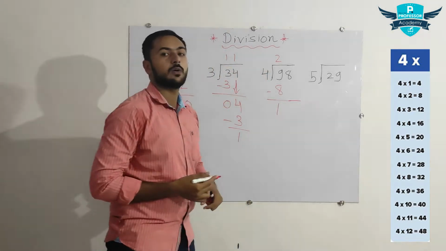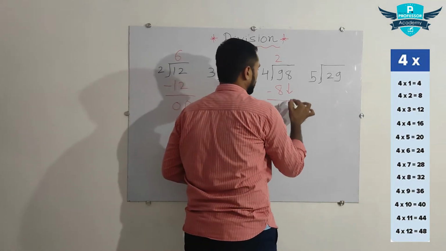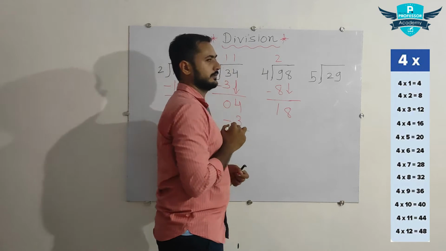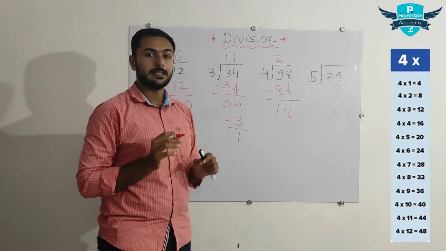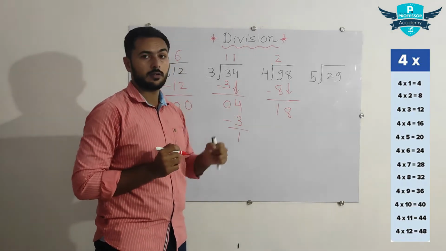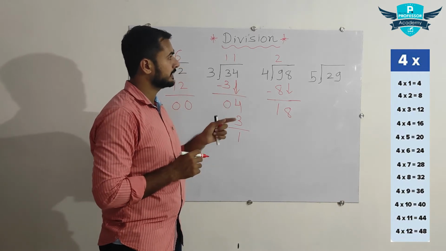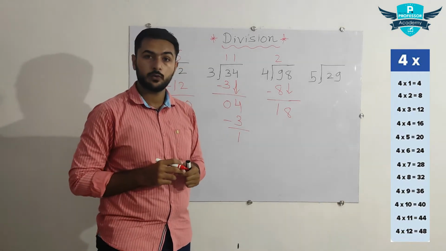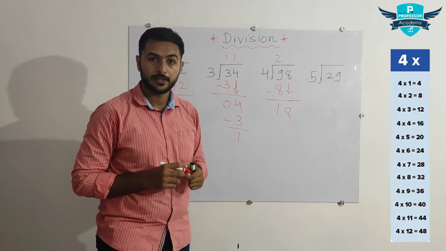Okay. Now the next number we will bring downwards. Fine. Here we have the number 18. Now we have to identify 18 in the table of 4. See, 4 ones are 4, 4 twos are 8, 4 threes are 12, 4 fours are 16, and 4 fives are 20.